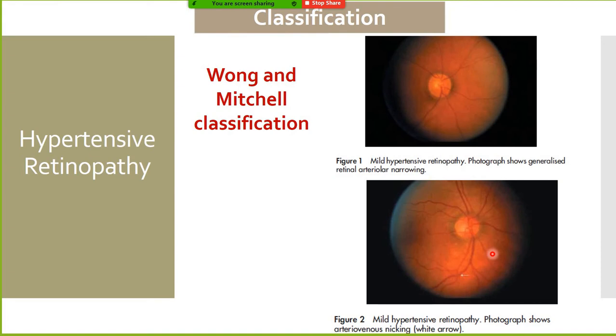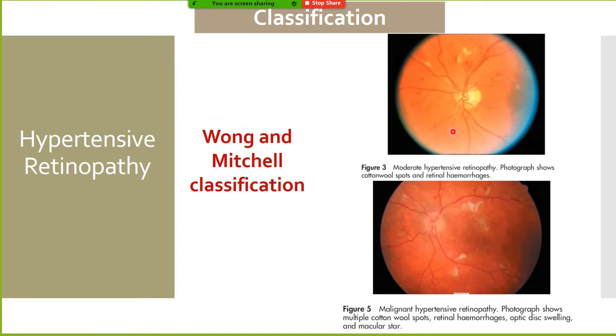This image shows you a mild hypertensive retinopathy where there is a generalized arteriolar narrowing. I think it is seen here. In this figure you are able to see arteriovenous nicking. There is an overlap.